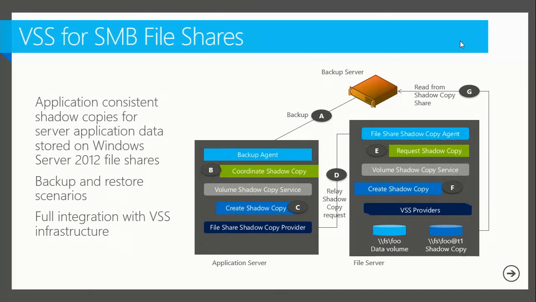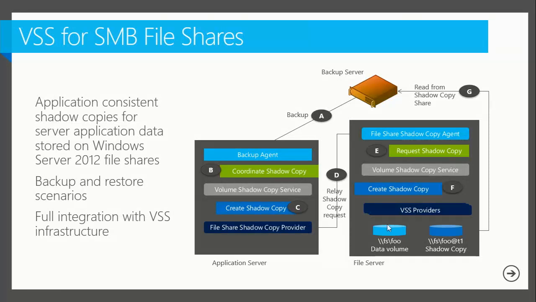So you can see that your backup server will talk to the agent running on, say, your Hyper-V box, and it will use this new file share shadow copy provider to go remote to the file server, and then say that this is your data volume, \\fs\foo.